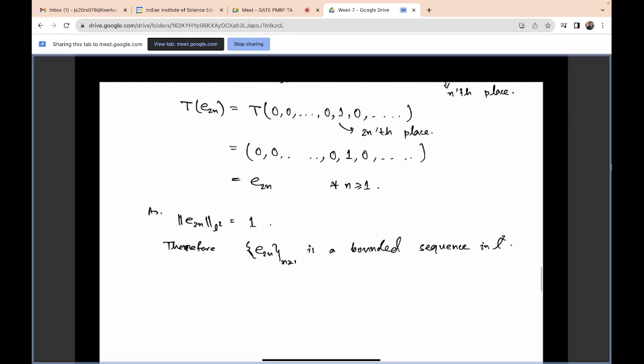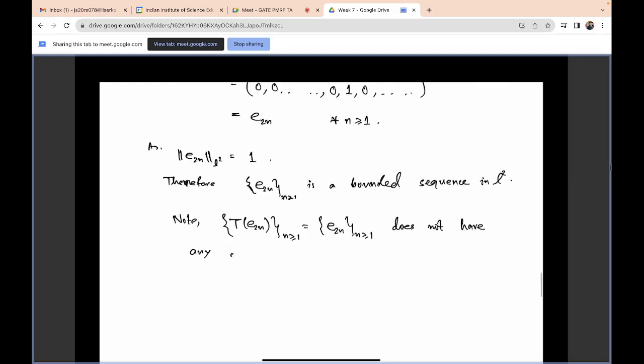Now again you can check that T of E2n, for n greater than 2, is basically E2n again. This does not have any convergent subsequence.